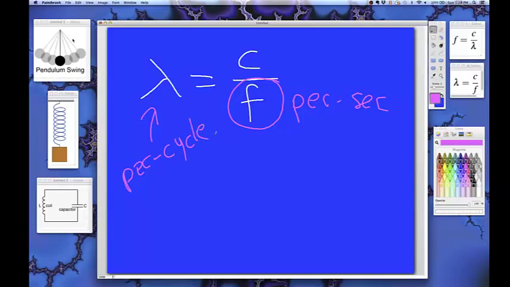The domain of per second is not the same as the domain of per cycle. In the domain of per cycle, the wavelength is 1 cycle, and the domain of per second pertains to many cycles. So they are not talking about the same thing.